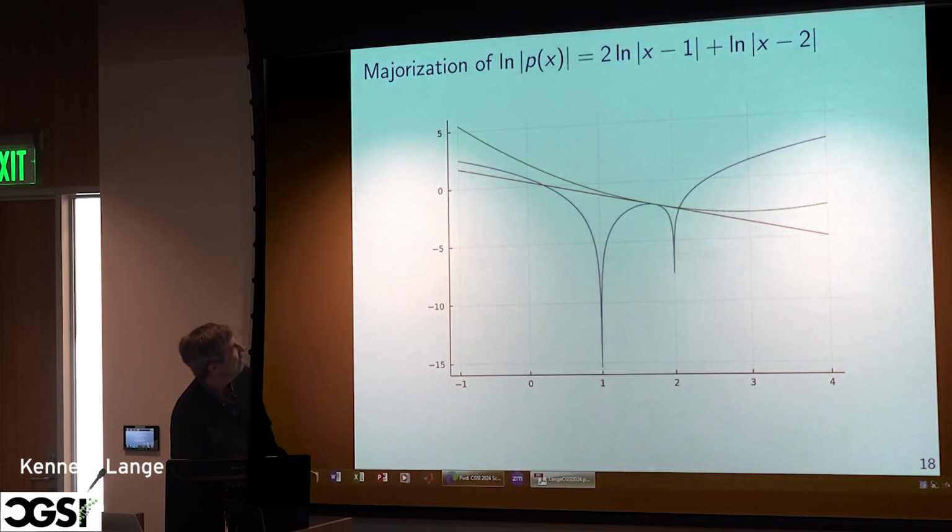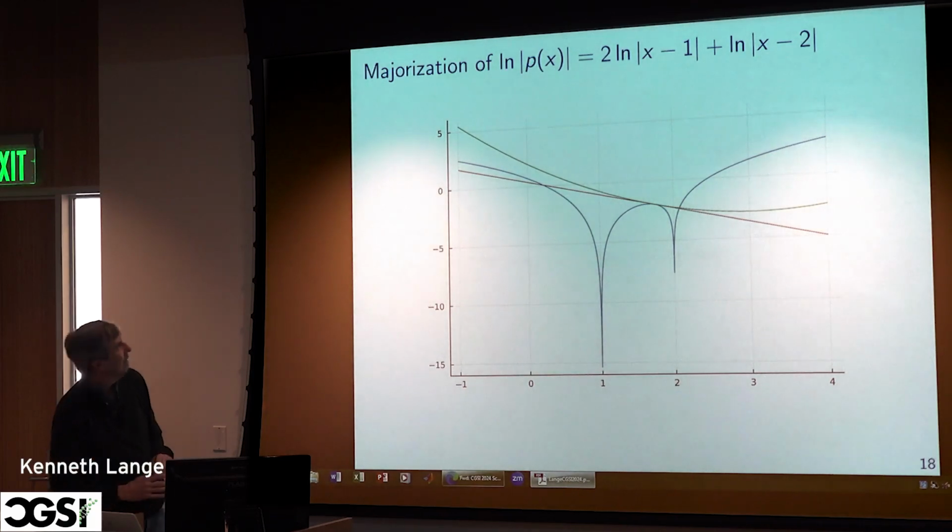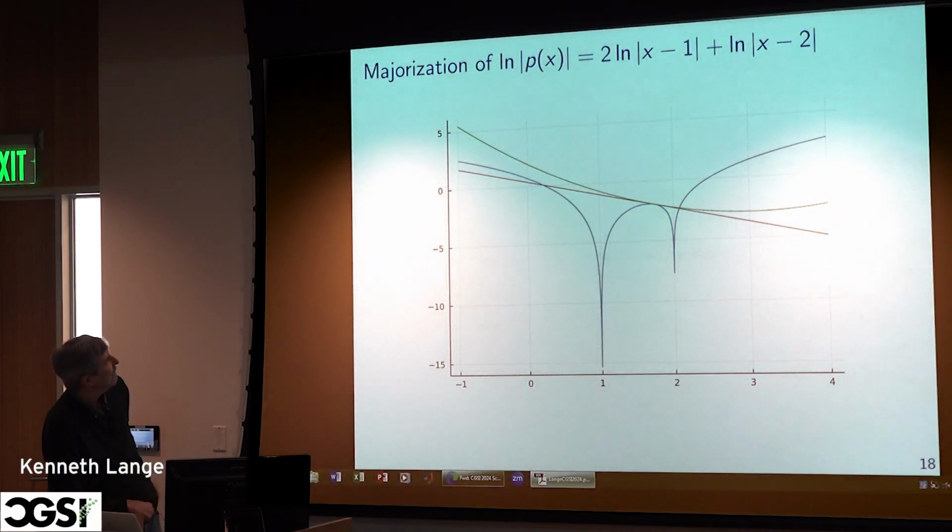Okay, so here's a simple example. I'm plotting the log of the absolute value of p of x. It has 2 roots. You can see that between roots, or beyond all the roots on the left or right, you have a nice concave function.